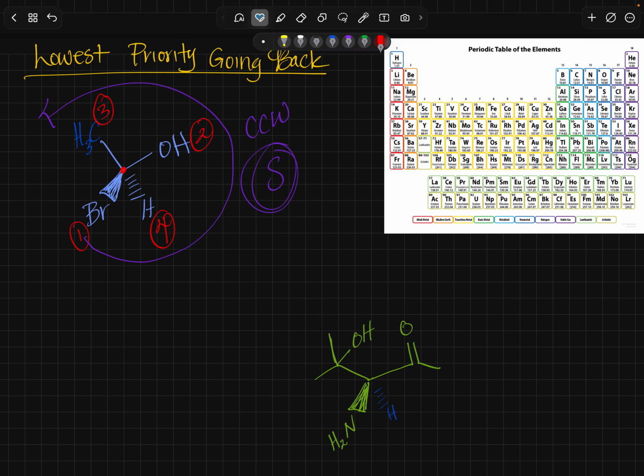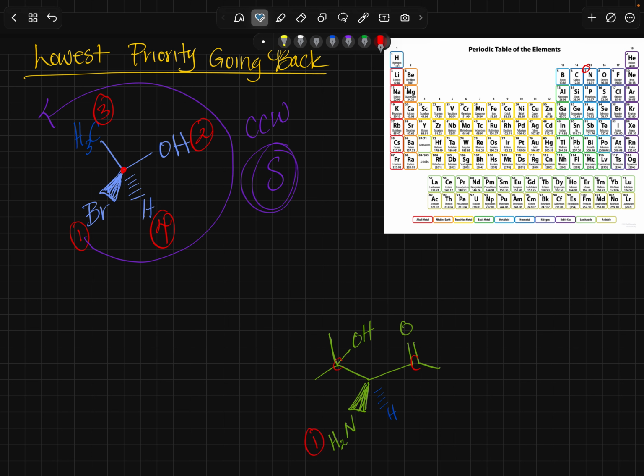So we look at the atoms directly attached to this carbon, the nitrogen and the hydrogen. So it's connected to a carbon, hydrogen, nitrogen. Nitrogen is the highest atomic number, so nitrogen is our first priority group.